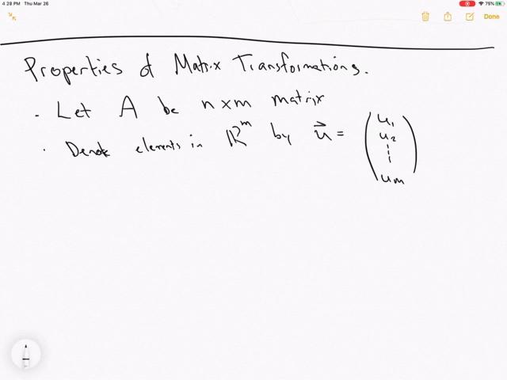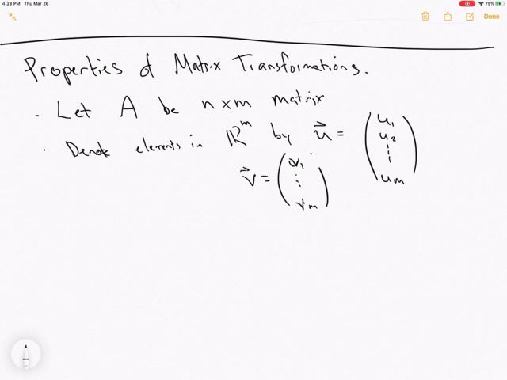But symbolically, I'll just write it as a vector. So I'll just write the symbol u, or v, or whatever, but with a little arrow over it. So v, for example, would be like v1 up to vm. Okay, and that's just some notation, so now let's talk about some of the properties.